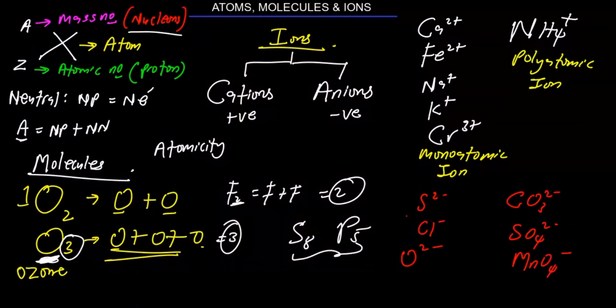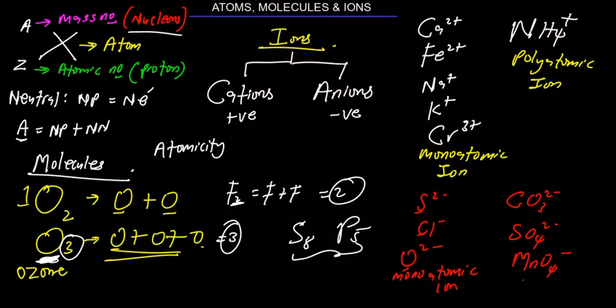You can see that all these have only one atom, one S, one Cl, one O. So all these are monoatomic ions, while these are polyatomic ions. And that's the basic concept of it.